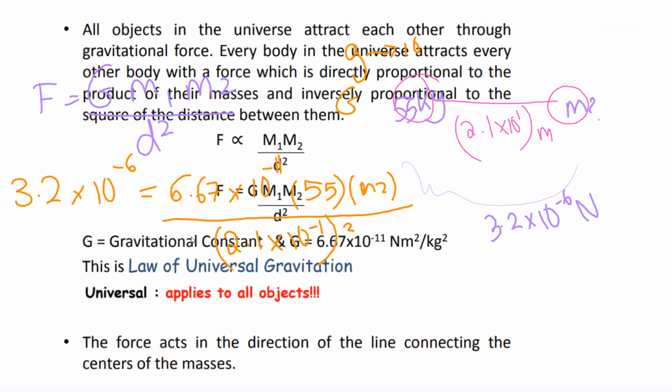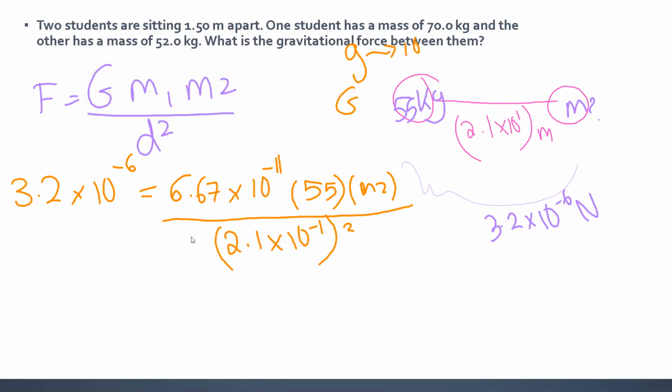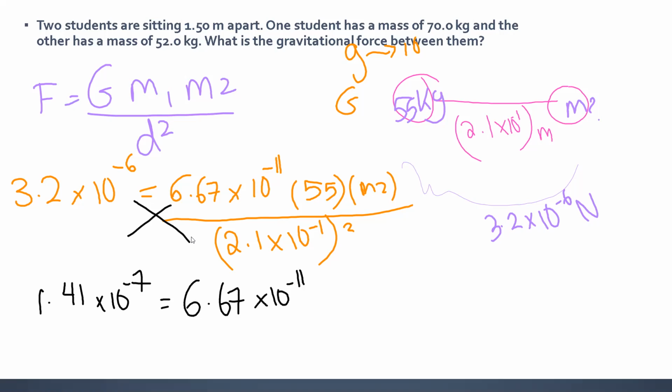So then, 0.21 squared times 3.2 times 10 to the power negative 6 will be 1.41 times 10 to the power negative 7, equals 6.67 times 10 to the power negative 11 times 55 times M2.